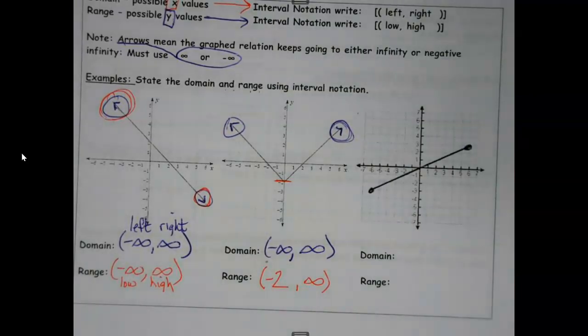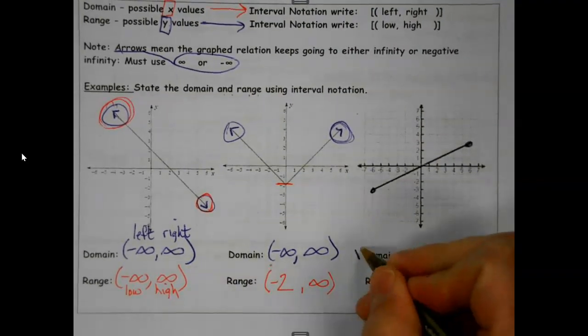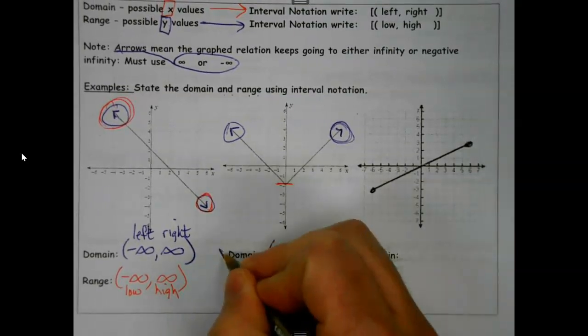What if there's not arrows? If there's not arrows, you will not have infinity. So this particular one, there's no infinity going on. Domain is our x's.